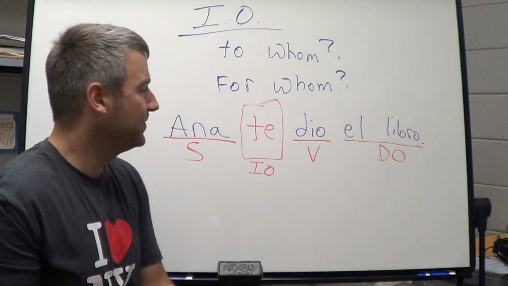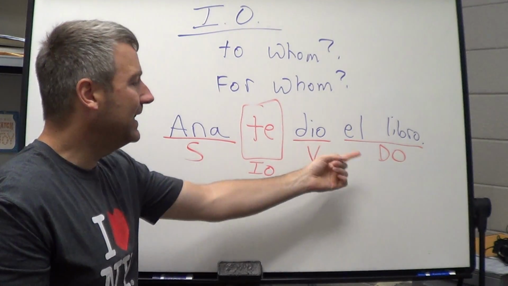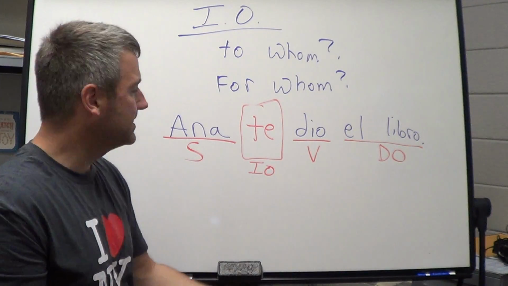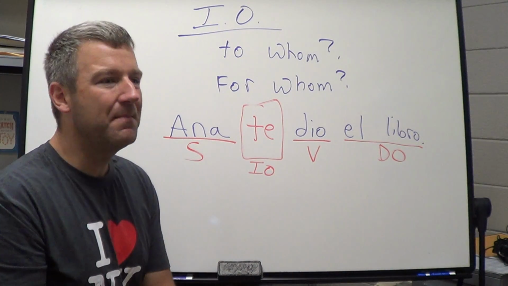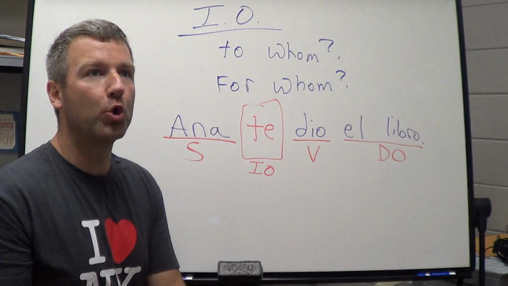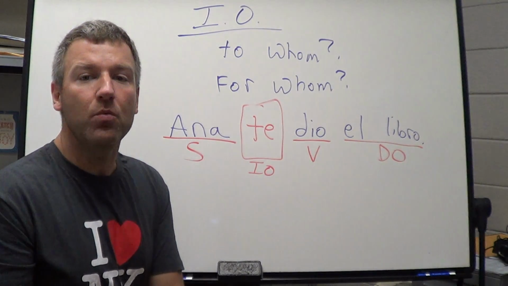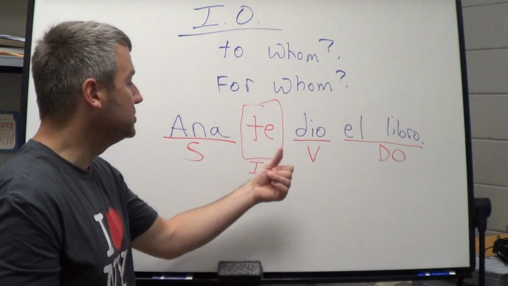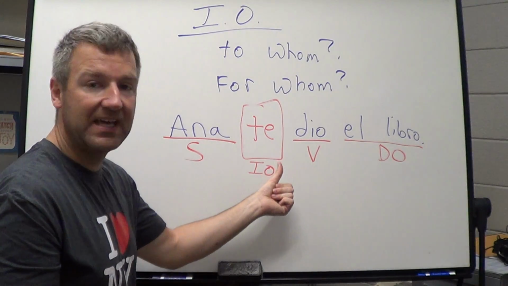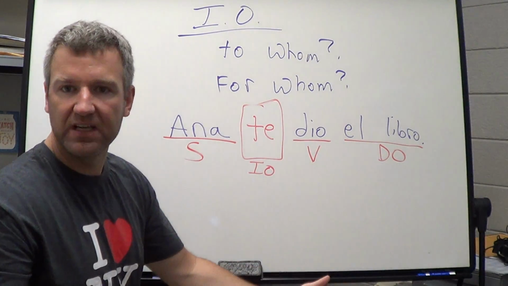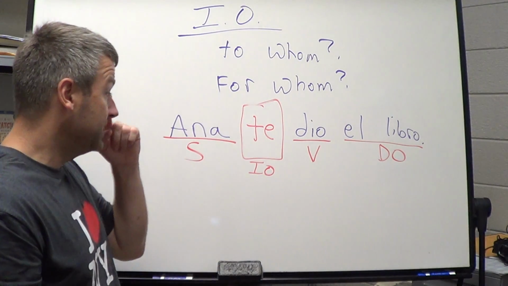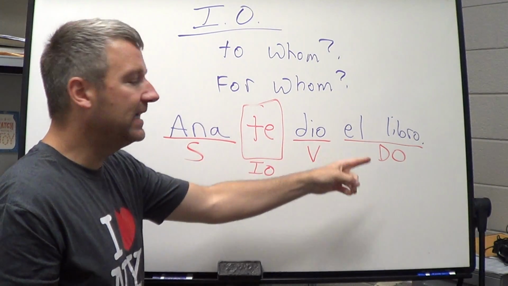It's obvious. Ana te dio el libro. And it's obvious that "te" means "to you" because "te" cannot be defined or interpreted in any other way in Spanish but as "to you." And we know when we use "te," it's the informal you, the one that you use with your buddies, your friends, people close to your age.